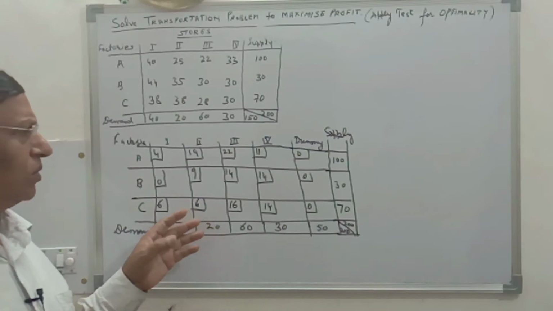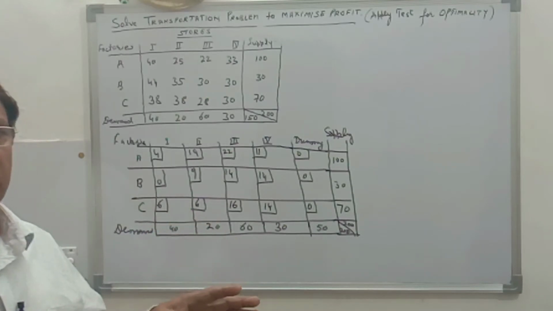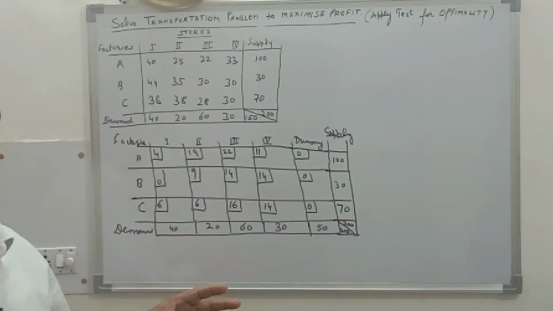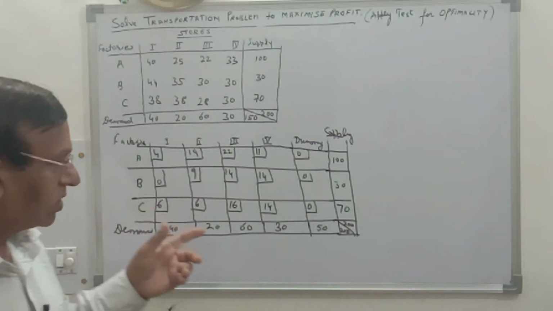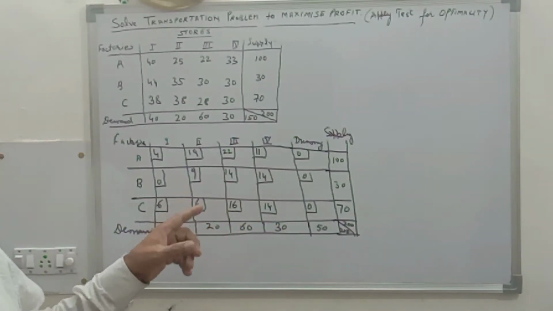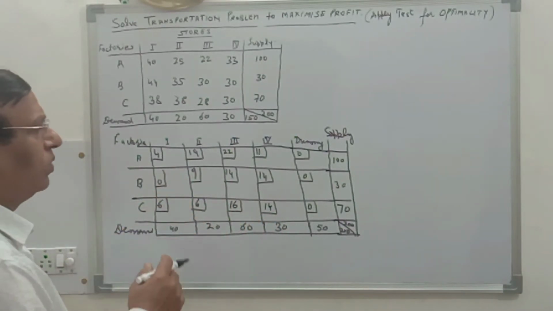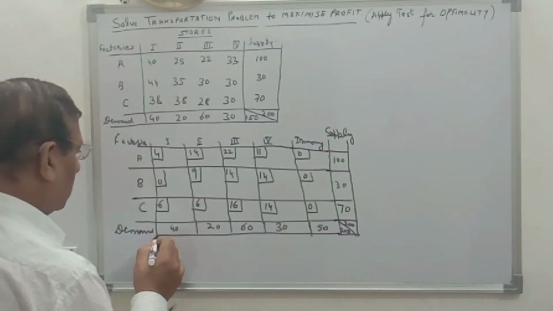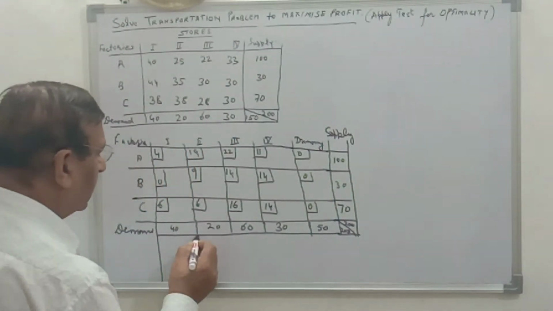We know the northwest corner method is very simple, and that is never recommended to get the optimum solution. Least cost entry method is better than the northwest corner method, but VAM is the best to reach near the optimum solution. VAM is also called the unit penalty method.